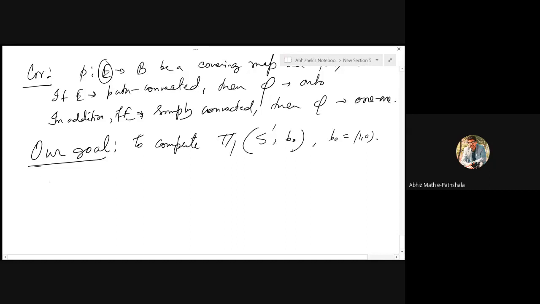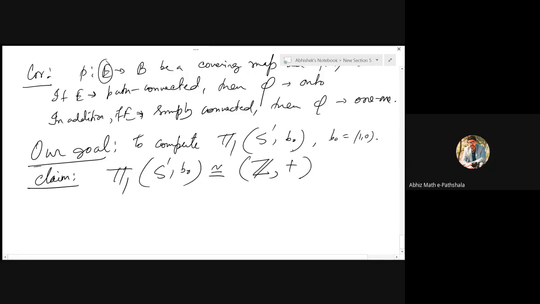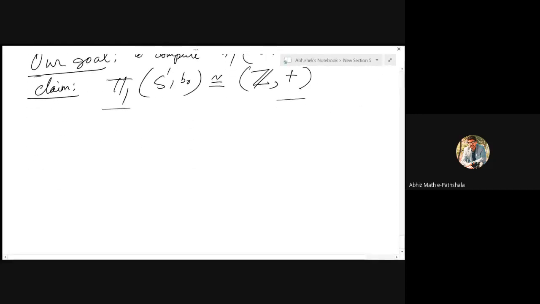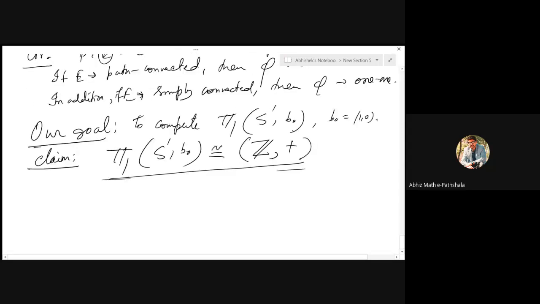And our claim will be that this is isomorphic to the infinite cyclic group of integers, Z plus. And actually this is regardless of the choice of base point. Okay. So how to get this one? Just by using the lifting correspondence.